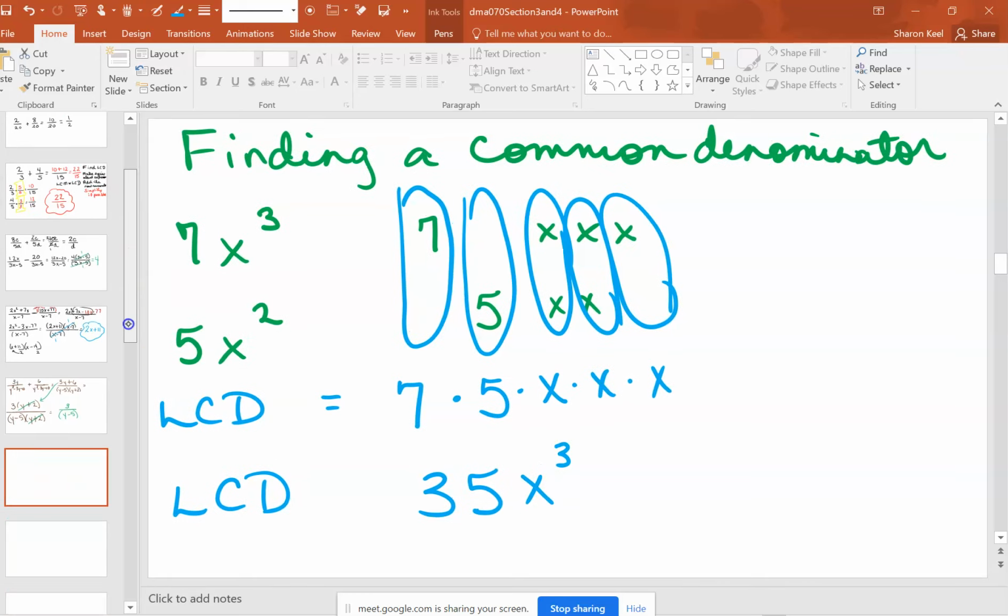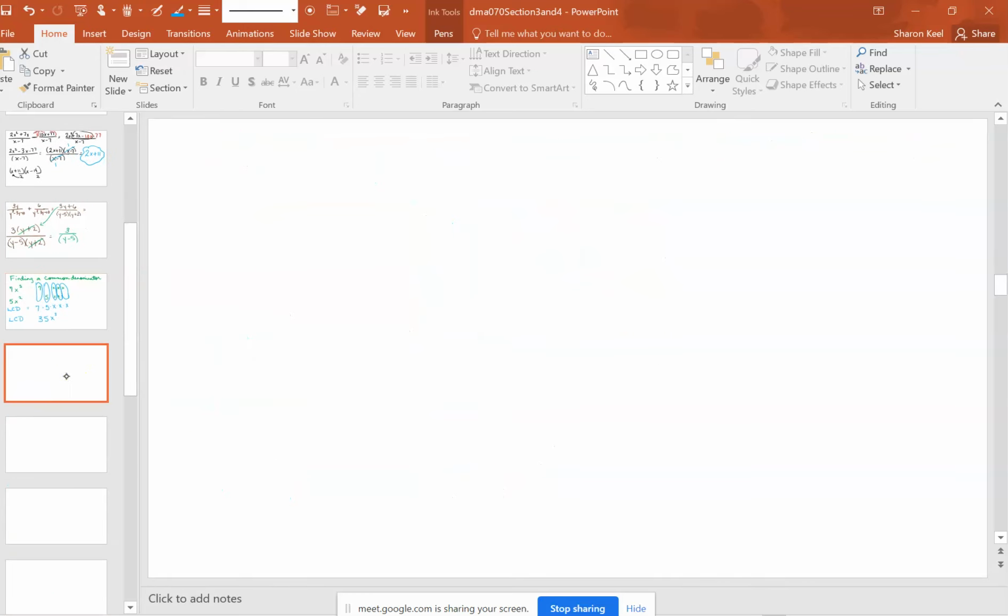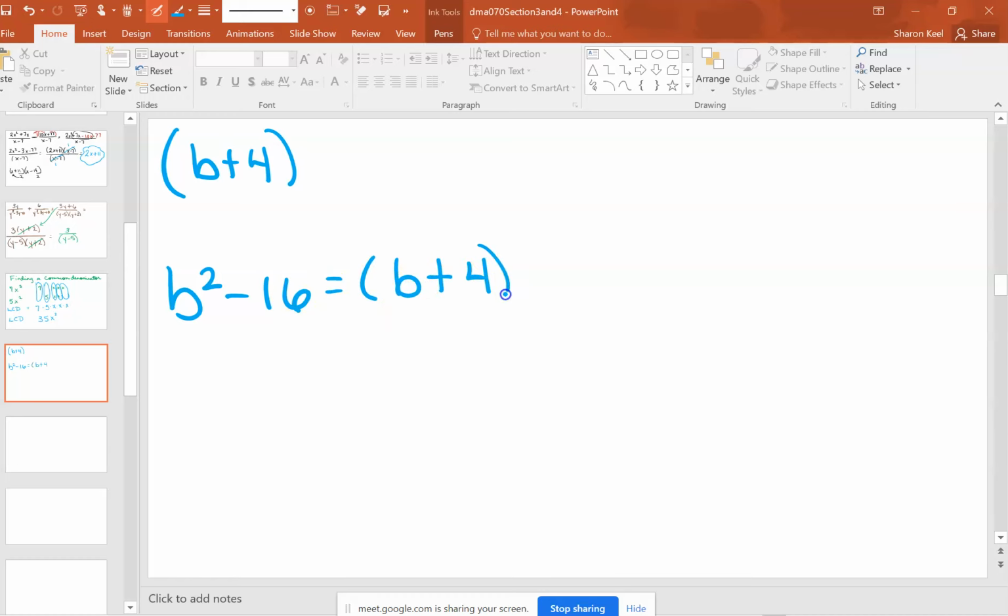Okay, let's look at the next one that you have there. We have one denominator is b plus 4. So when I look at that, I can recognize that's already factored. The other one is b squared minus 16. Now, this I do need to factor. That's a difference of squares. It's b plus 4 and b minus 4.